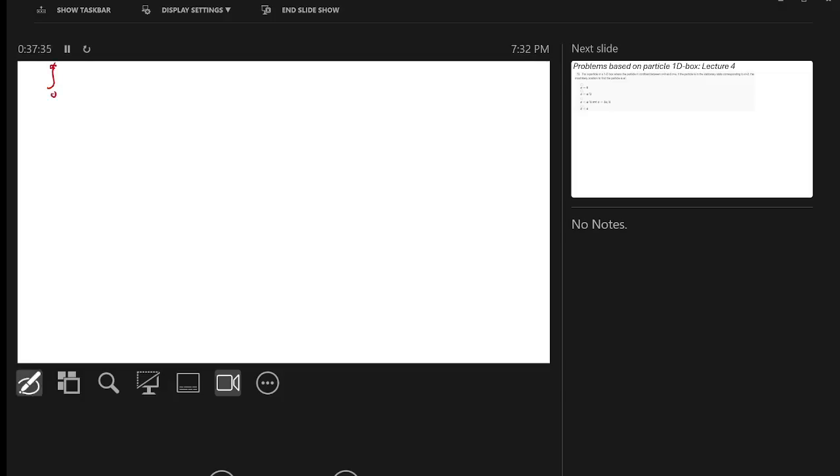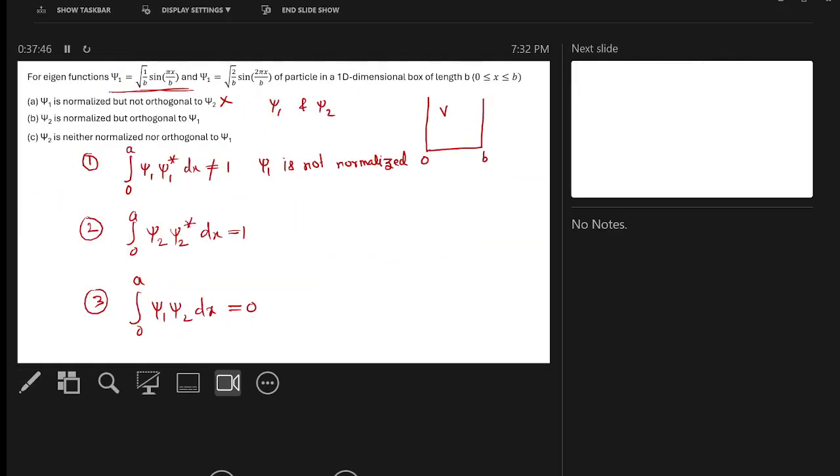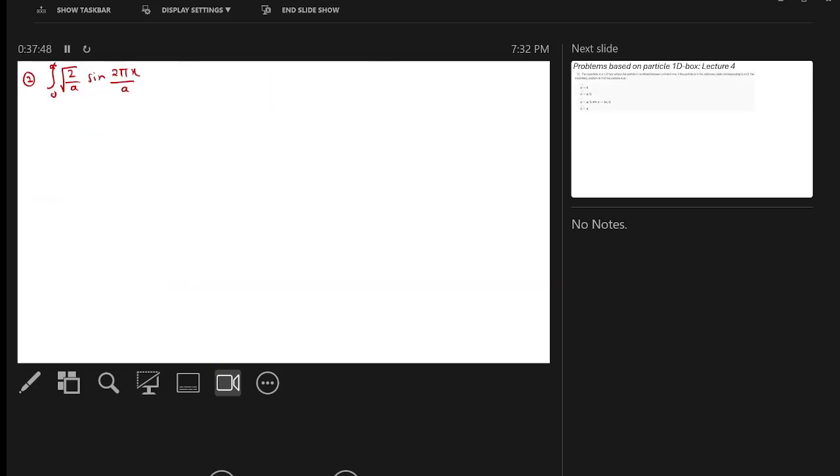0 to infinity, problem number second. So directly write 2 by a sine 2 pi x by a. Correct? So it's not a, it's b.